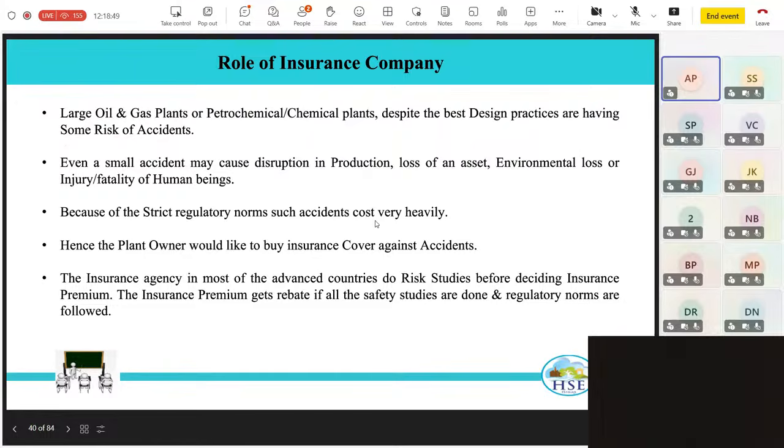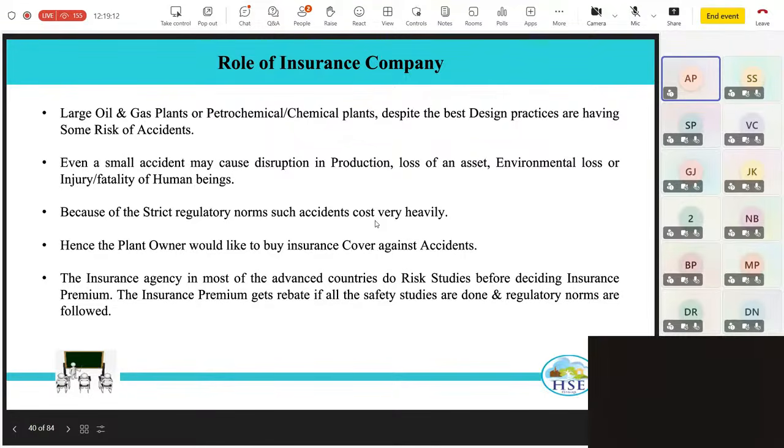Okay, next slide, please. Now, the role of insurance companies. Large oil and gas plants or petrochemical plants, despite the best design practices, have some risk of accident. Even a small accident may cause disruption in production, loss of an asset, environmental loss, or injury or fatality of human beings.